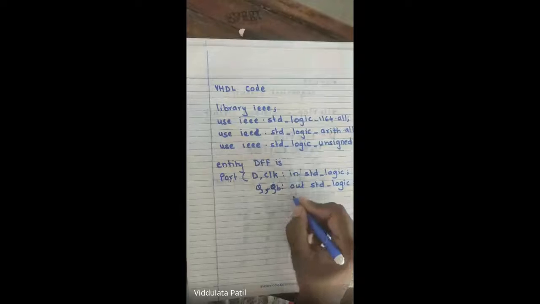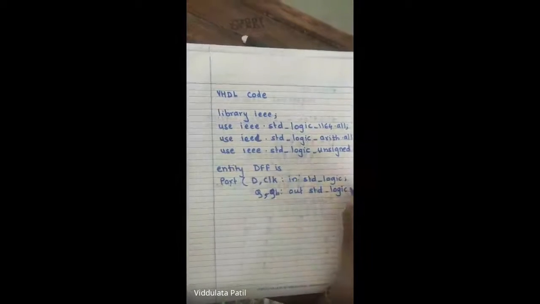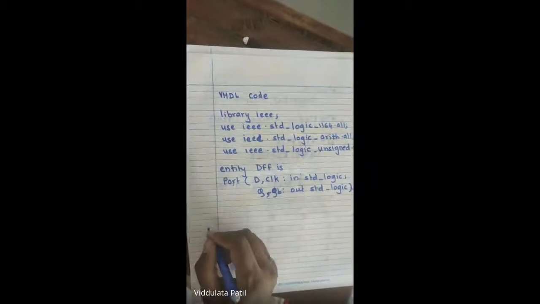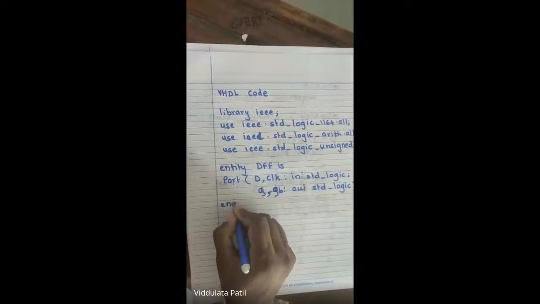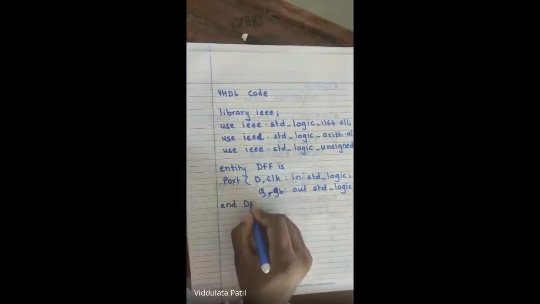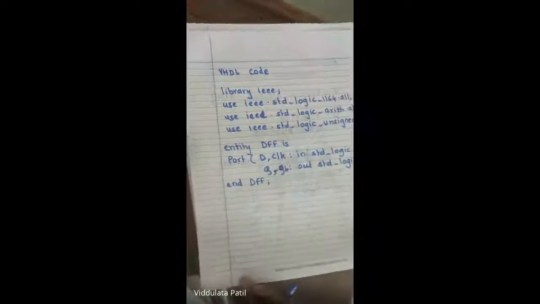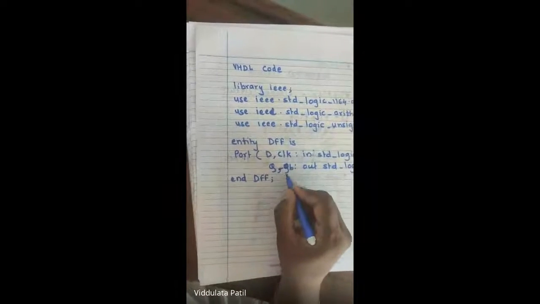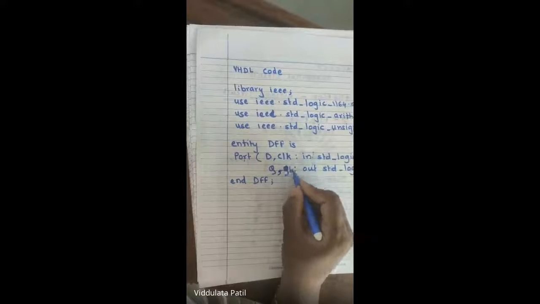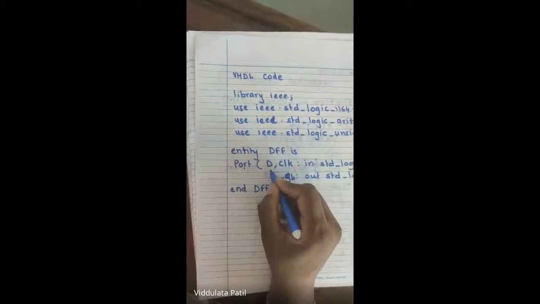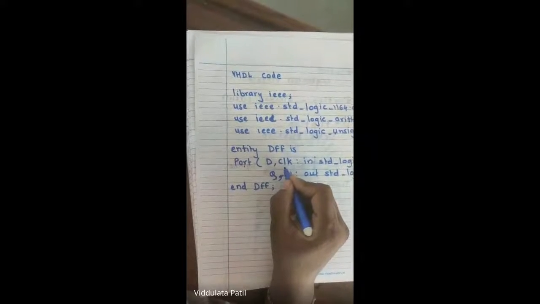Q comma QB colon out std_logic, as we have declared all the ports. So completing the bracket, then giving semicolon and then end of this entity. So I have declared both the outputs, Q and Q bar, with the name QB, and two inputs, D and clock.